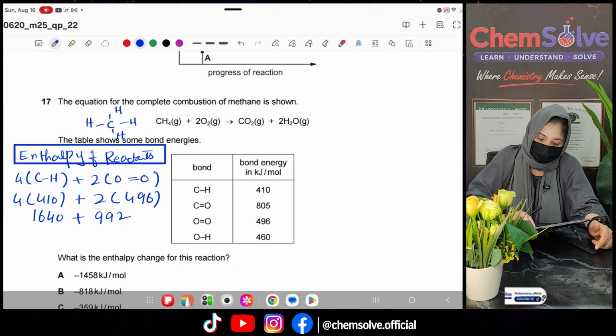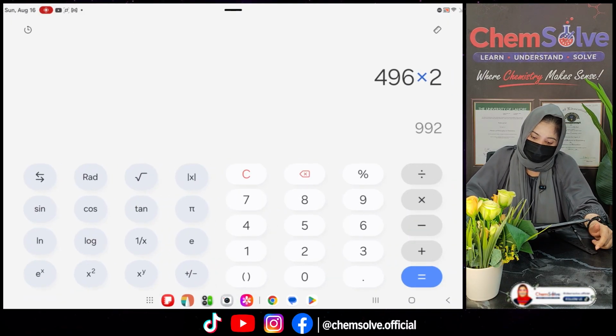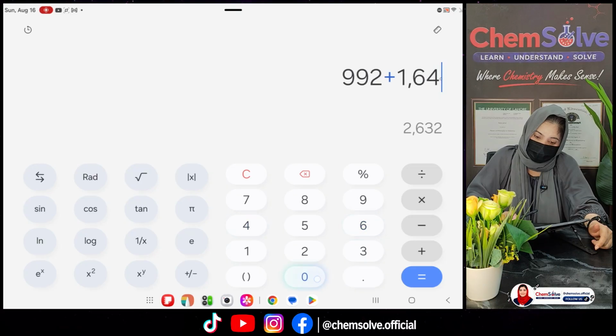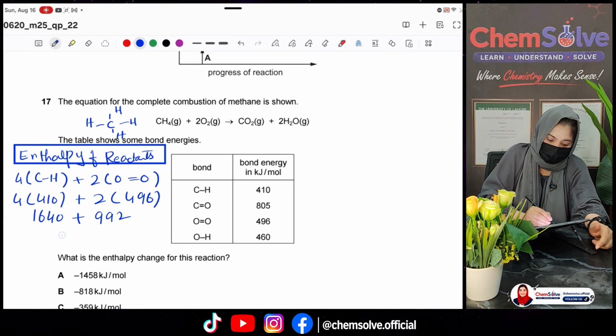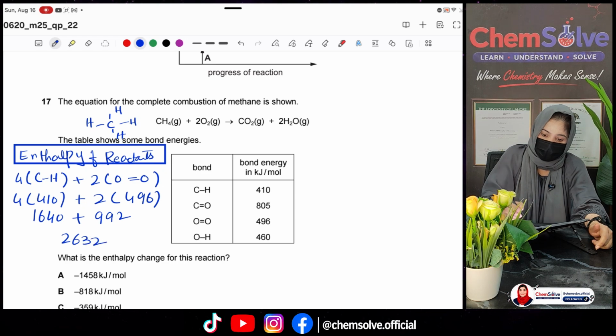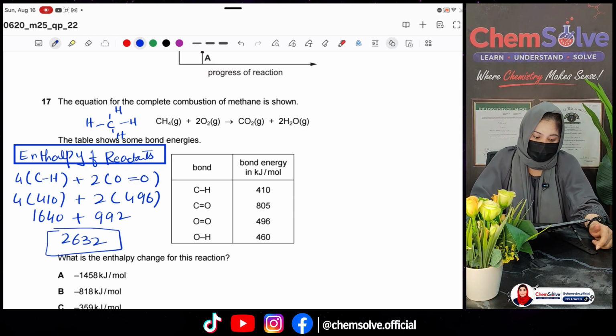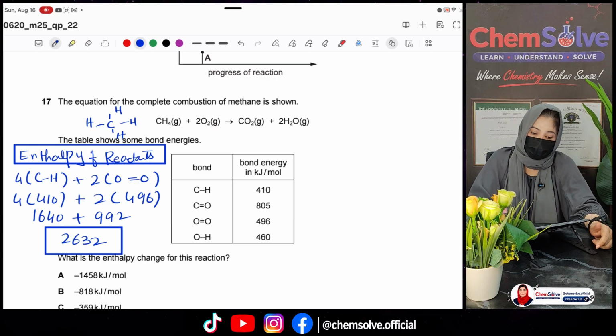Let's add them: 992 plus 1640 is 2632. So this is the energy or enthalpy of the reactants.